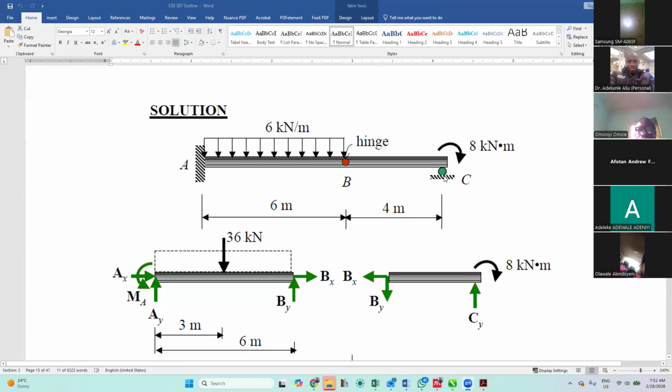Then at this place, we're looking for CY. Now, if I want to get this CY, I will take moment about this particular joint. If I take moment about this point to be 0, everything here will be 0, then I'll be left with just the force times perpendicular distance here to create a moment.